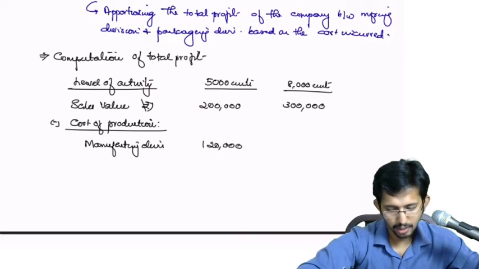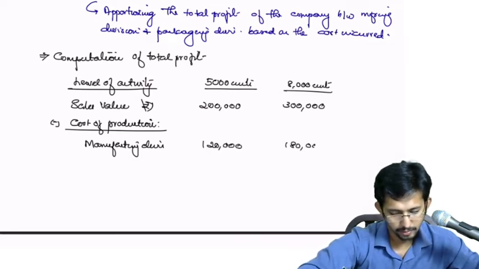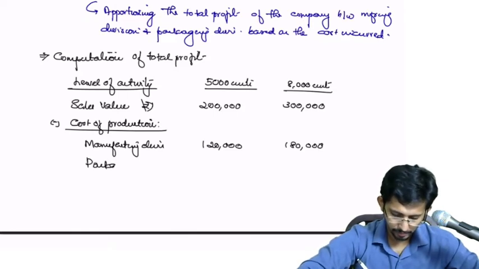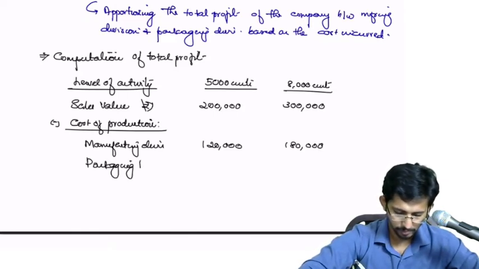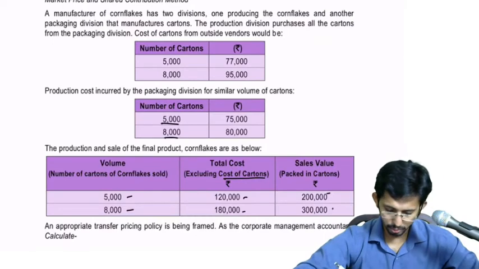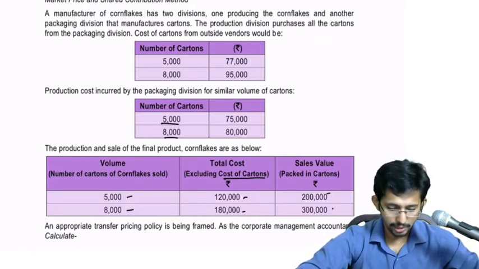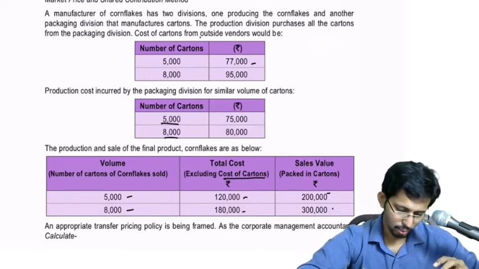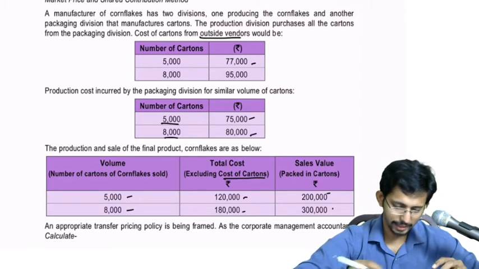Now packaging division. Packaging division also you have two. Packaging division, the cost is 77,000. Sorry, that is the outside vendors cost. So 75,000 and 80,000.